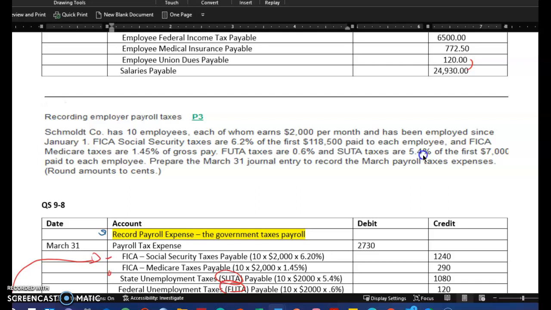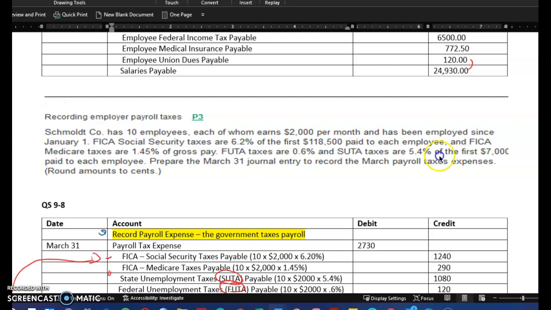I know the companies I've been affiliated with, we had no layoffs for a long time, and our SUTA taxes were wicked low. And this one says that the SUTA is on the first 7,000, just like FUTA is. Unless the law has changed, and I would have been aware of it, for us in this book, FUTA is the first 7,000 in wages. And so is the state in this case.